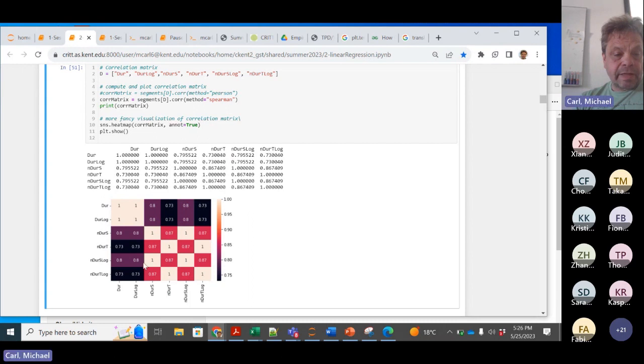So these are log transformed. The normalized duration based on the number of target text words correlates with the log transformed version of it, right?